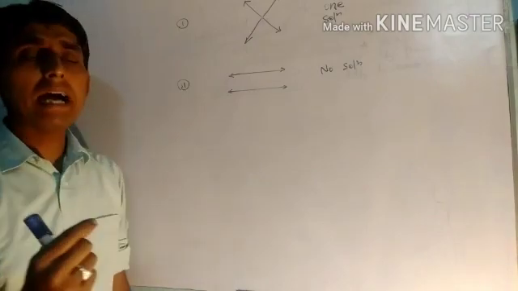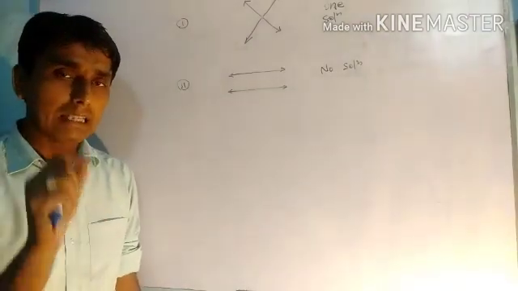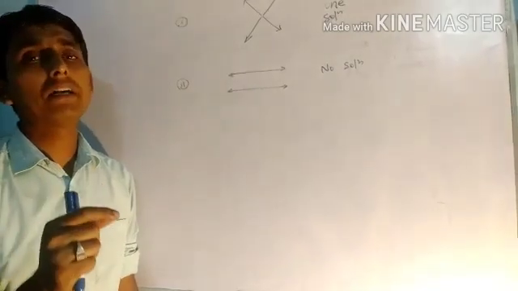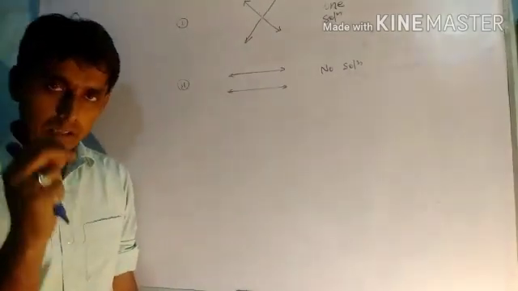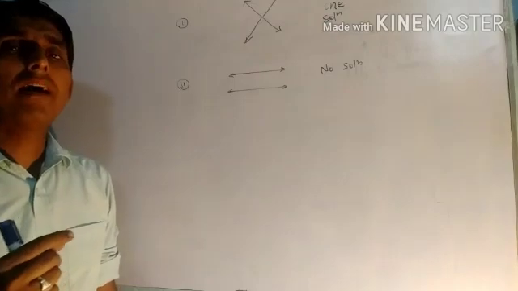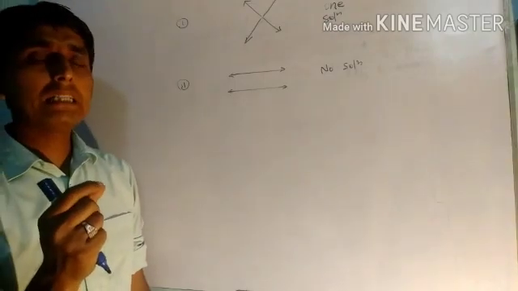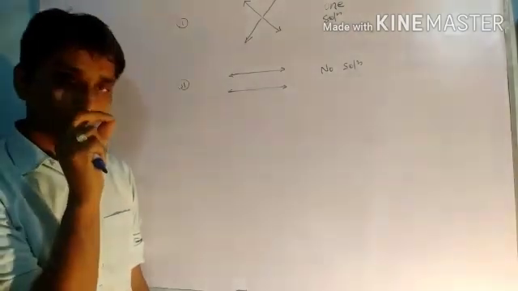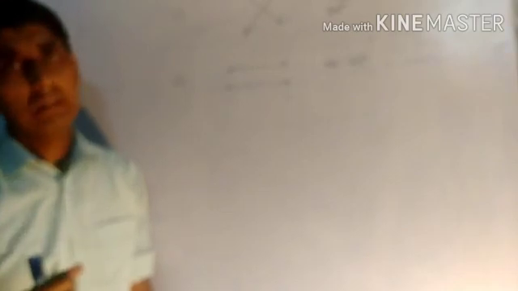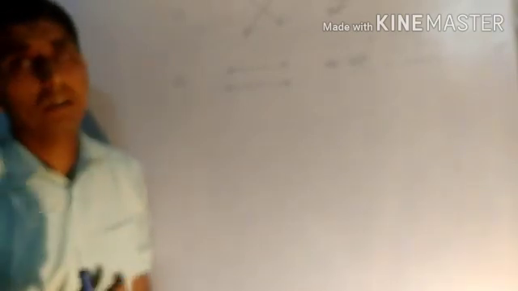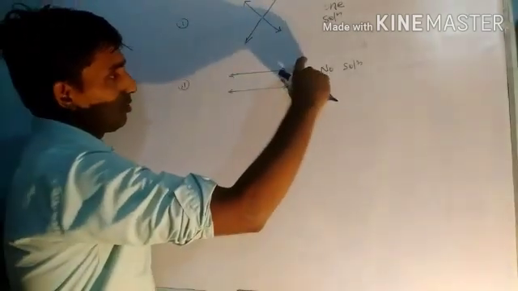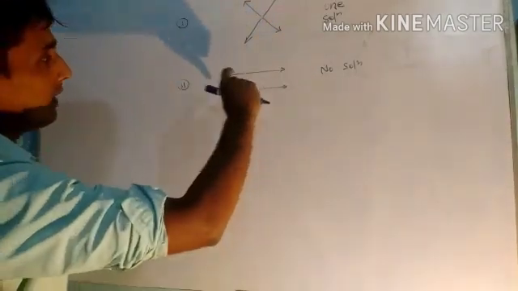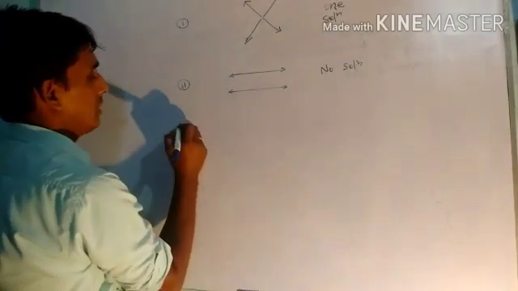For example, if the value of x is equal to 3 and this x equal to 3 satisfies both the equations, and if the value of y is equal to 5 and this y equal to 5 satisfies both the equations, then this value of x and y is the solution of the pair of linear equations. Understand? So if the graphs are going parallel, it means no solution.